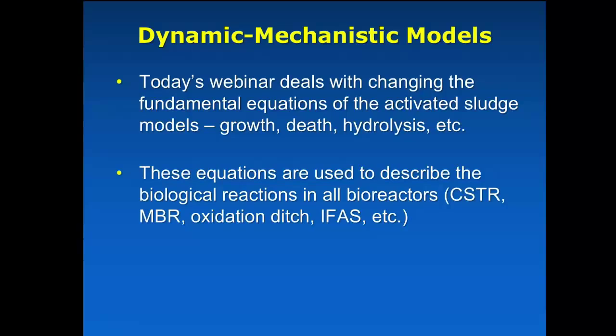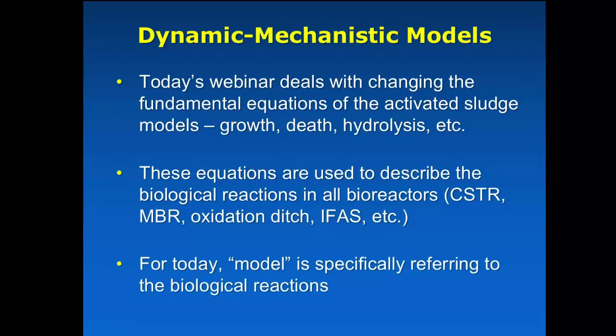So for the most part, they're the objects that are colored like activated sludge, the brown ones. The completely mixed tank, the plug flow tank, oxidation ditch, SBRs, MBRs, and so on. So all of those types of unit processes use the same biological model. So for today, when I talk about model, I'm really specifically referring to the set of equations that describes the biological activity.